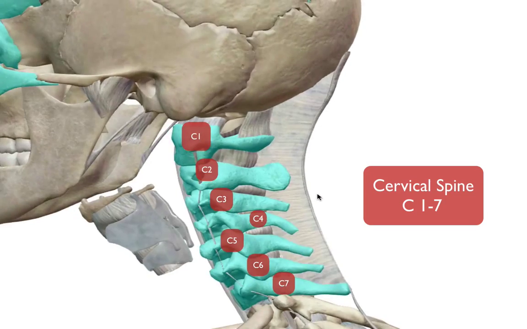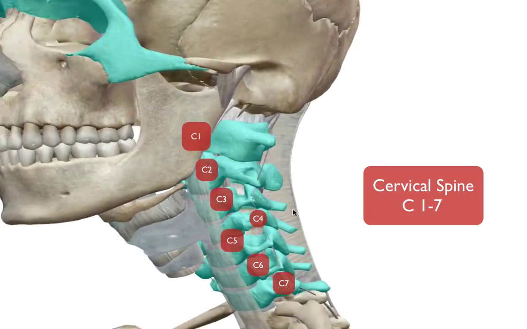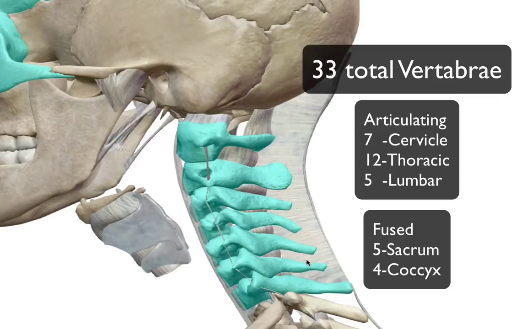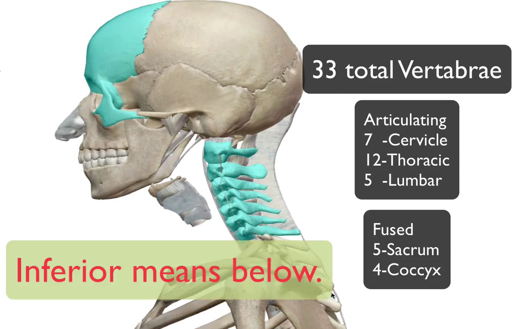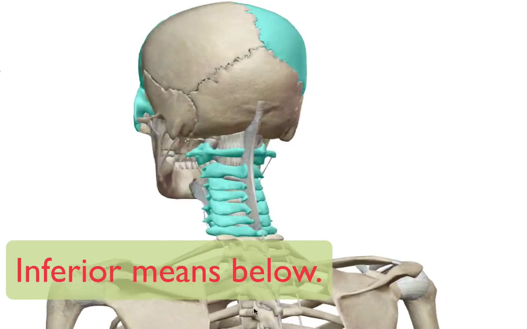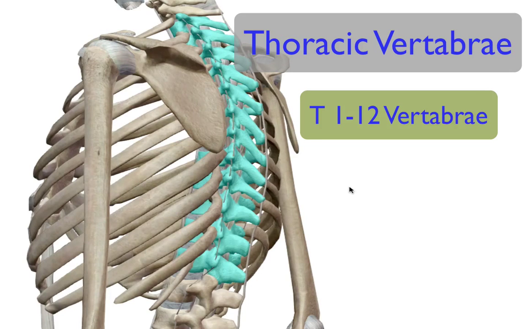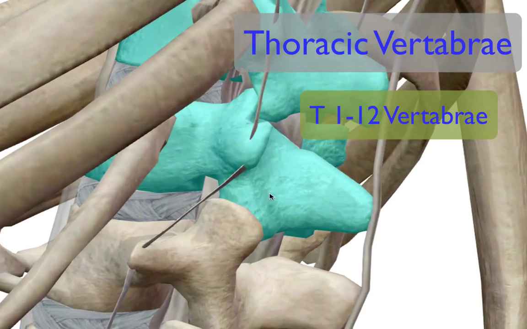Okay, so this is your cervical vertebrae, C1 through C7. Okay, and in total there's 33. So C1 through C7. And now let's take a look at the inferior, just inferior to your cervical spine, which is your thoracic spine. So here's your thoracic spine, your T1 all the way down to your T12.